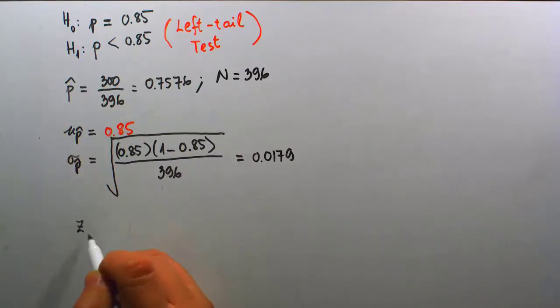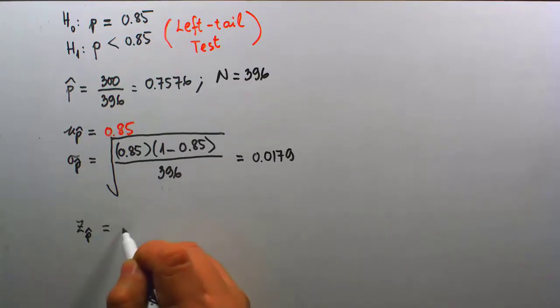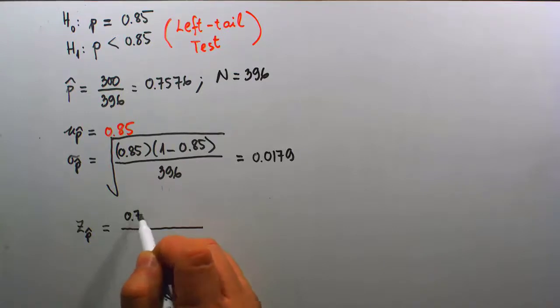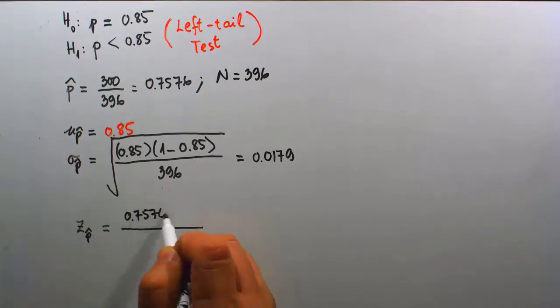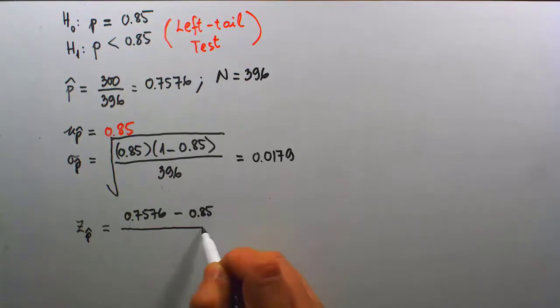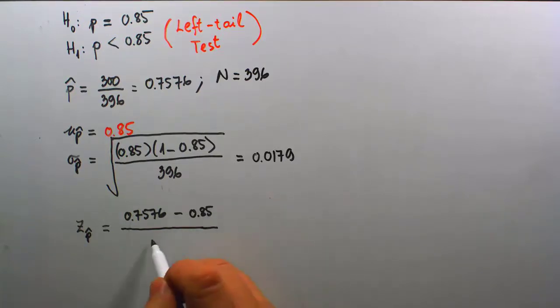And so the z-score for our sample, again, I use the symbol z sub p hat. Calculating our z-score, we're looking at 0.7576, subtract 0.85, and as a fraction, I'm dividing by 0.0179. This is simply the sigma p hat value in the denominator.